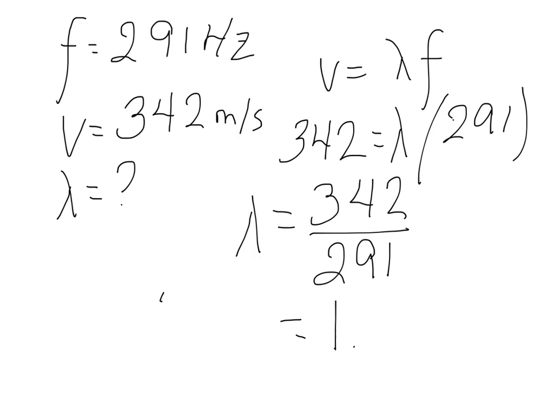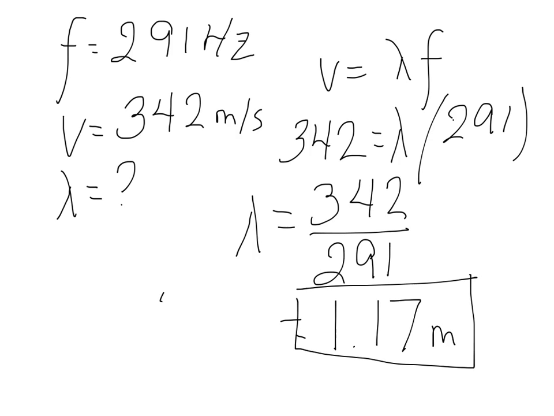It's 1.17 meters. So that wavelength is 1.17 meters for a tuning fork of frequency 291 hertz in a room at room temp.